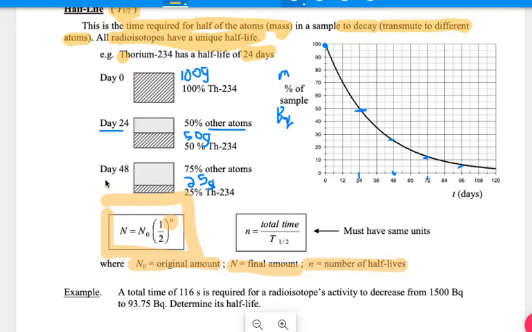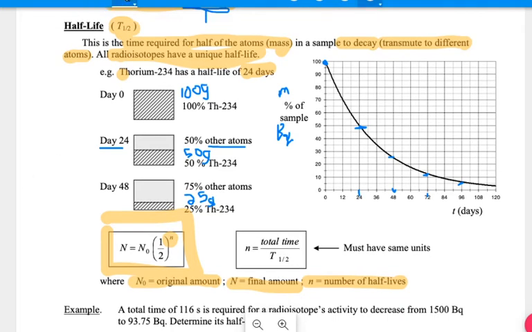So if we're looking for the final amount after our third half-life, we would take our 100, whether it's grams or percent, doesn't matter, because this amount can be mass, it can be our radioactivity in becquerels, it can be percent. Different questions will give you different things, but they will all work in this half-life calculation.